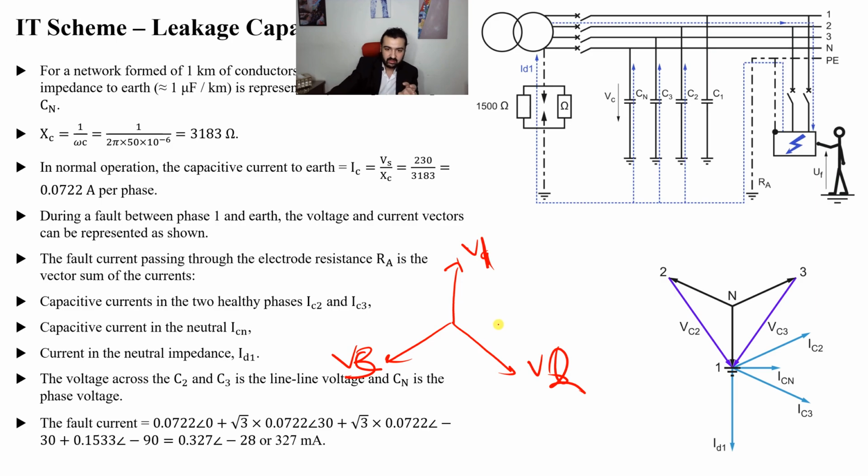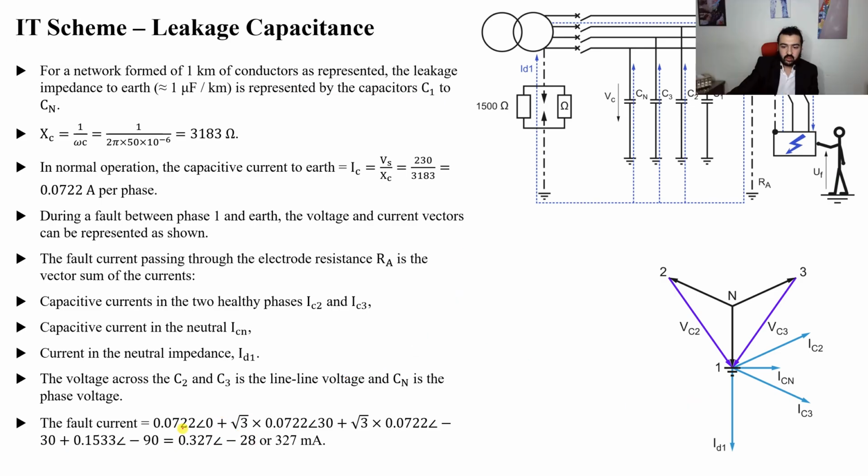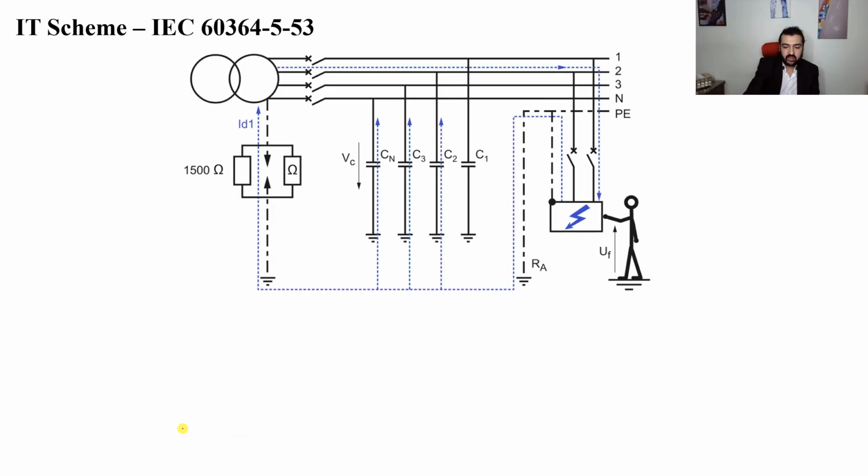You will get different phases from this one. However, in the end, you will get the same magnitude but different phase. Neglect the phase, only what I care about is the magnitude. So this is the effect of leakage current.